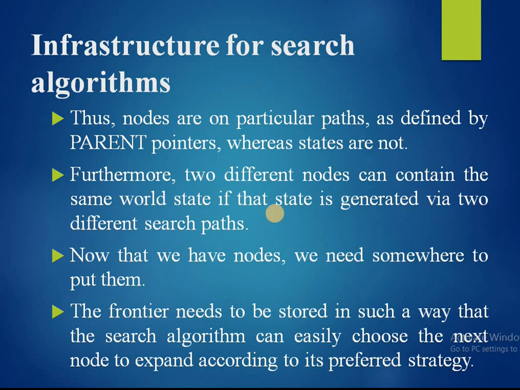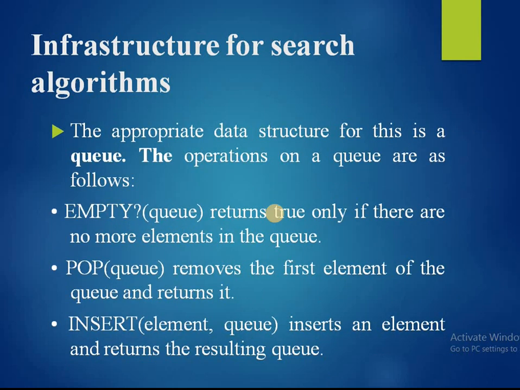Now that we have nodes, we need somewhere to put them. The frontier needs to be stored in such a way that the search algorithm can easily choose the next node to expand according to its preferred strategy. The appropriate data structure for this is a queue.